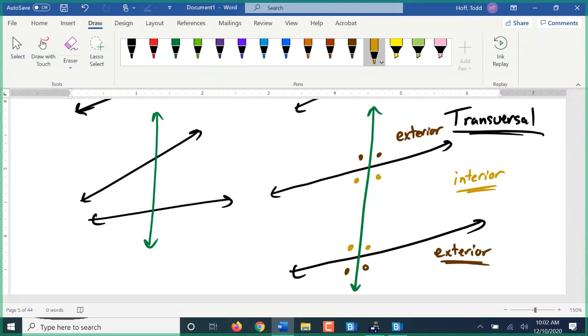Now, corresponding angles are on the same side of the line. So this angle and this angle are corresponding. They're also equal. But I could have corresponding interior angles. Well, that would be this one and this one are corresponding, but they're also both interior. Corresponding exterior angles, of course, would be the other ones on the outside.